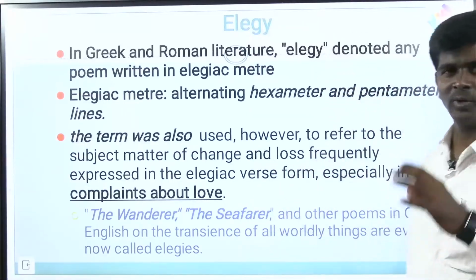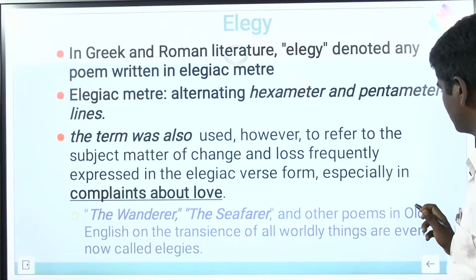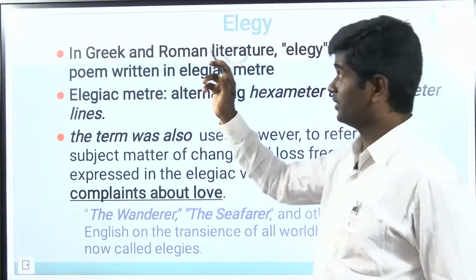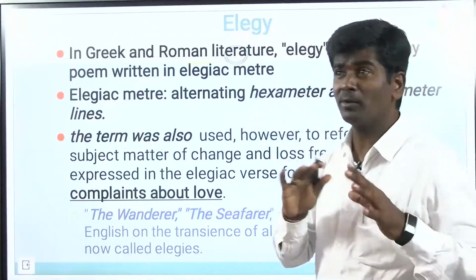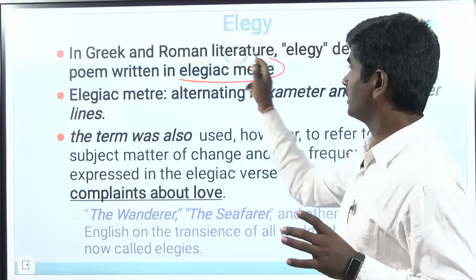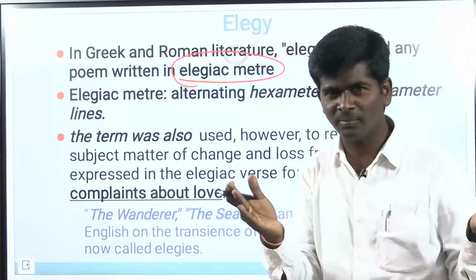So you can see what is elegy. Next, my friends, elegy according to Greek literature and Roman literature: elegy denoted any poem written in elegiac meter. What is elegiac meter? We read about many meters.